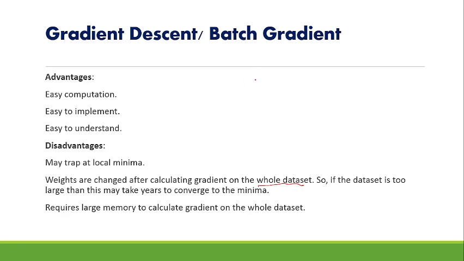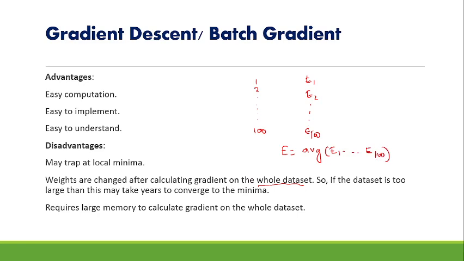If you have 100 observations, 1, 2, 3 and so on up to 100, for all 100 observations you calculate the error like E1, E2 and so on up to E100. These 100 errors are calculated, and the final error is nothing but the average of all the errors, E1 and so on up to E100.